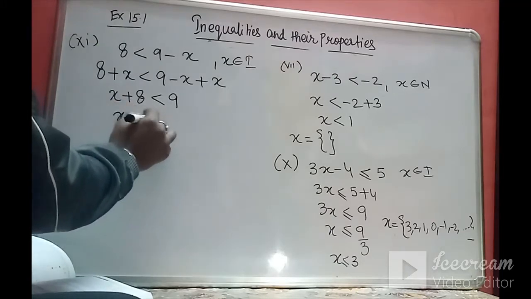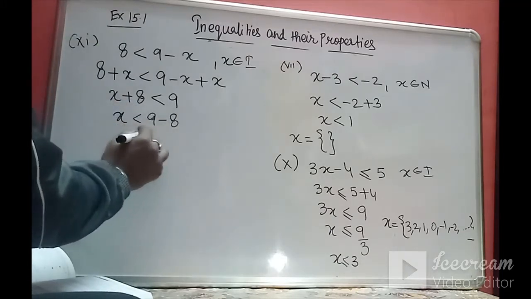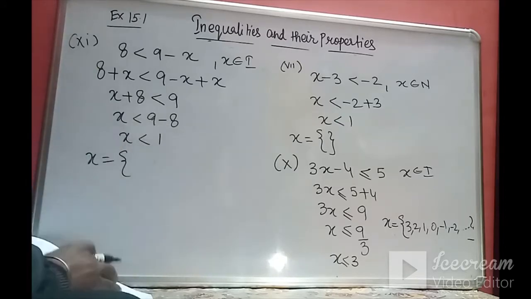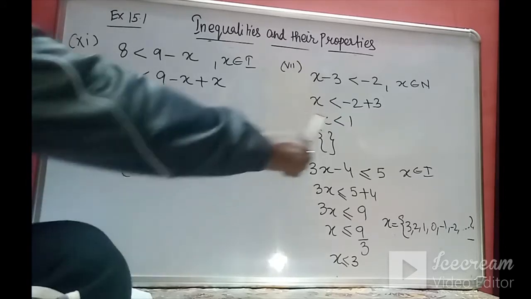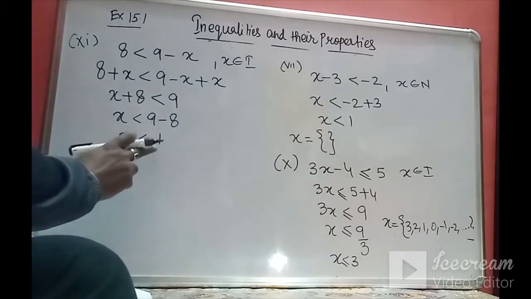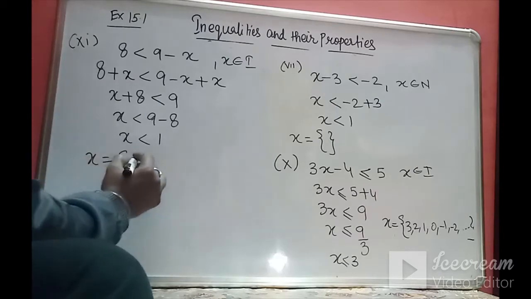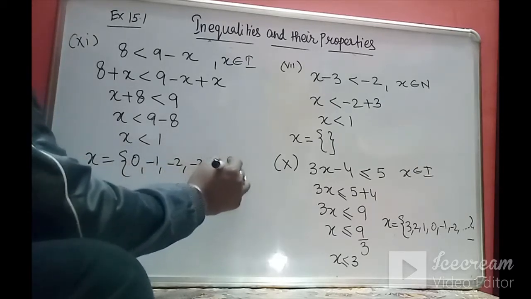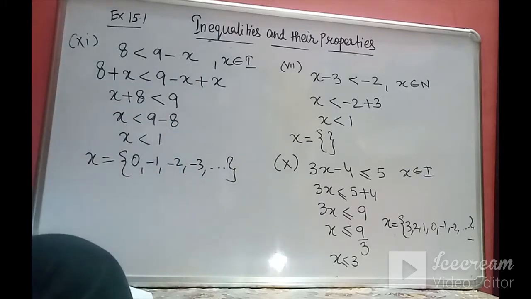Then x becomes 9 minus 8, or x less than 1. Earlier, with natural numbers, we had to find all the natural numbers less than 1, but in this we have to find all the integers less than 1, that is 0, minus 1, minus 2, minus 3 and so on.